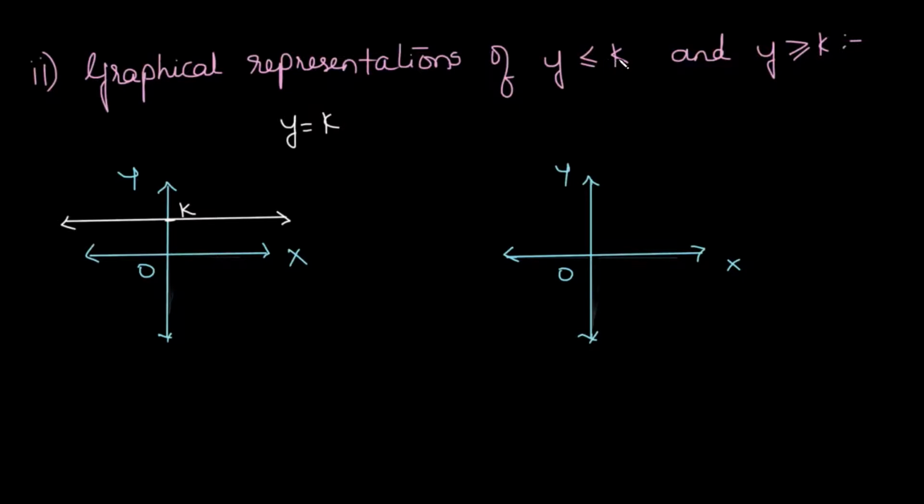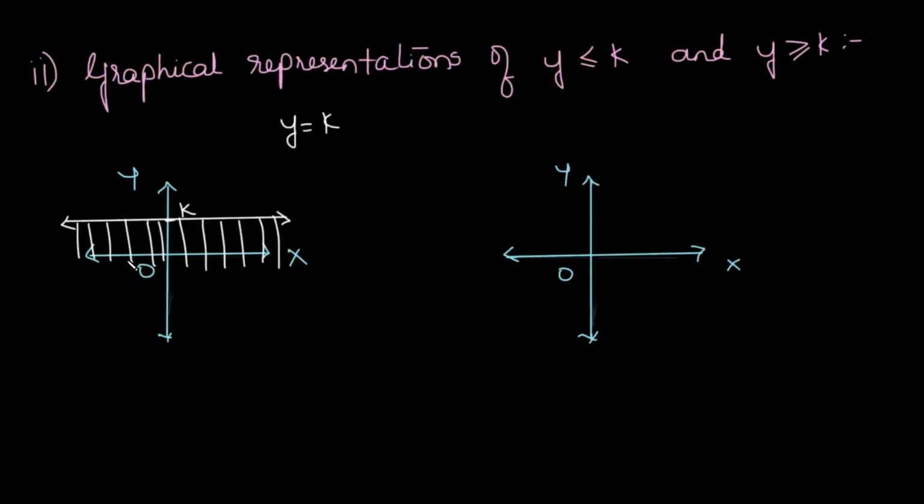Now, if you want y less than or equal to k, you are going to take the values on the y-axis which are below k, and therefore your feasible solution would be the region below the line y is equal to k like this. This would be your feasible region.